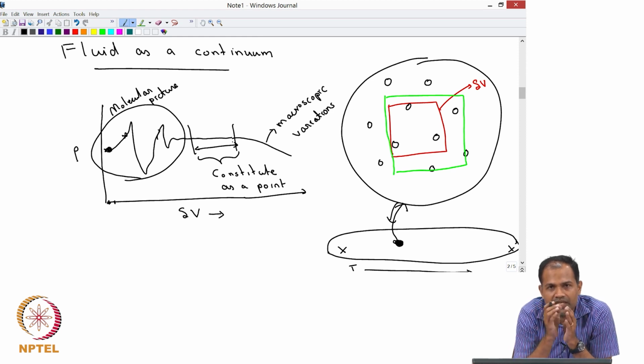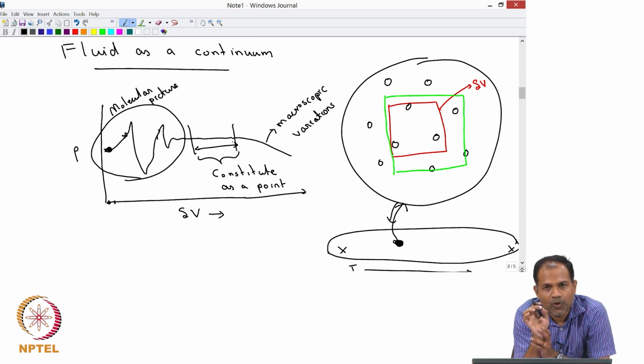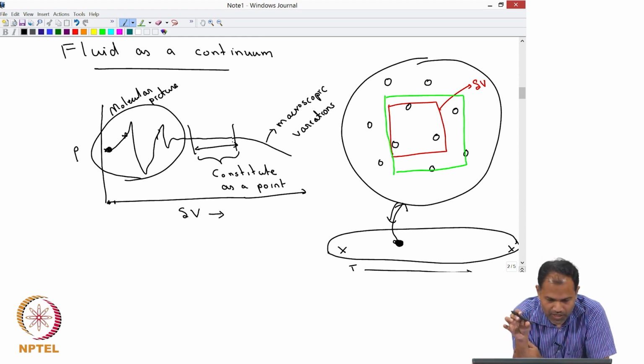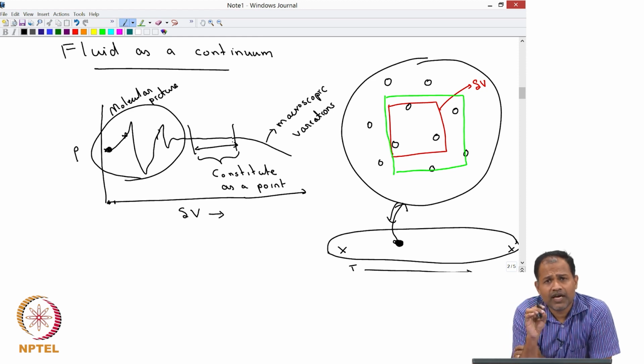So the basic idea of continuum is that the point is defined on a length scale much larger than the molecular length scale, but much smaller than the macroscopic variations. So that is the idea of treating fluid as a continuum.